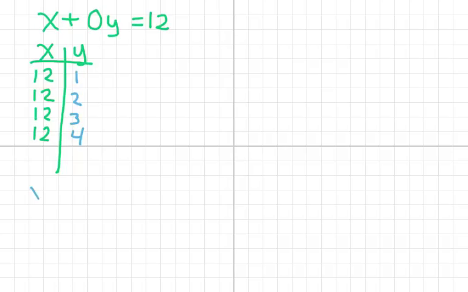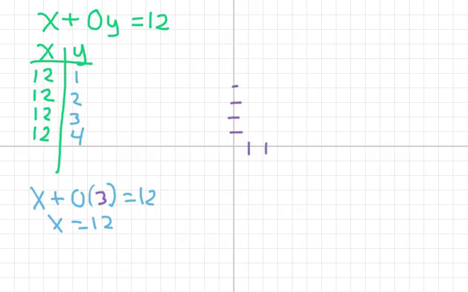Because once you plug that in, 0 times 1, you still get x equals 12. If I plug in 2, I still get x equals 12. If I plug in 3, I still get x equals 12. So no matter what my y value is here, x is always going to be 12.